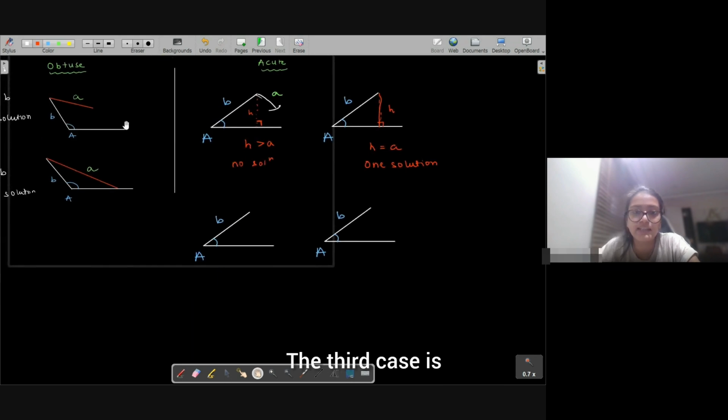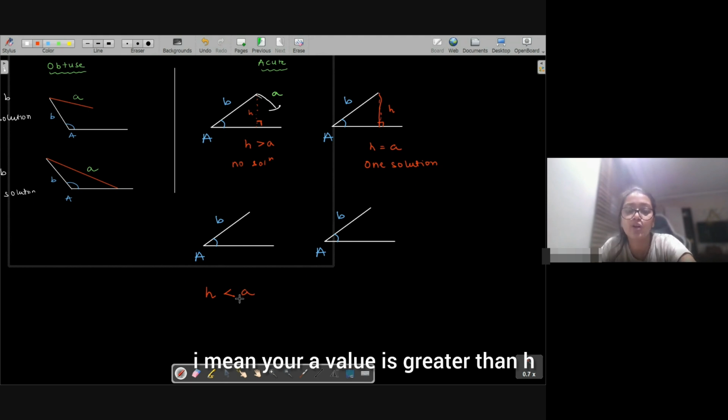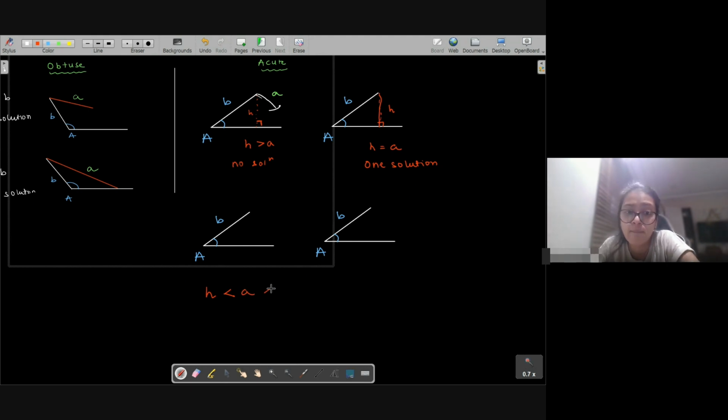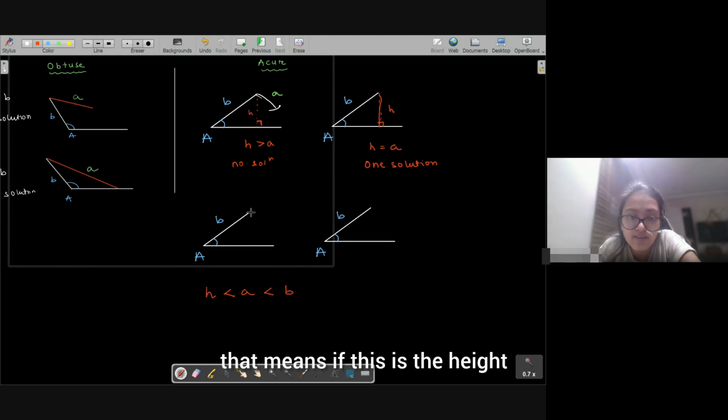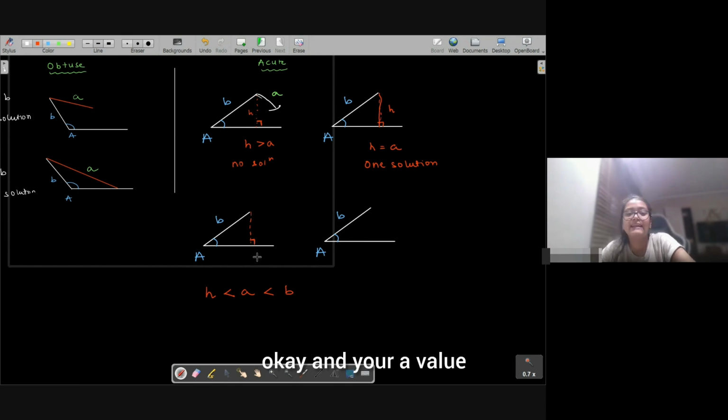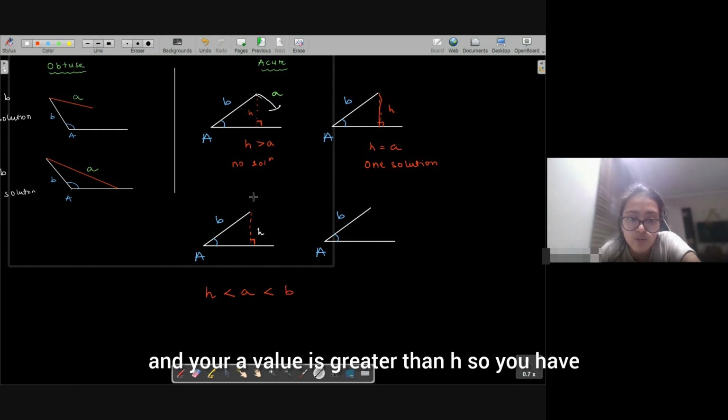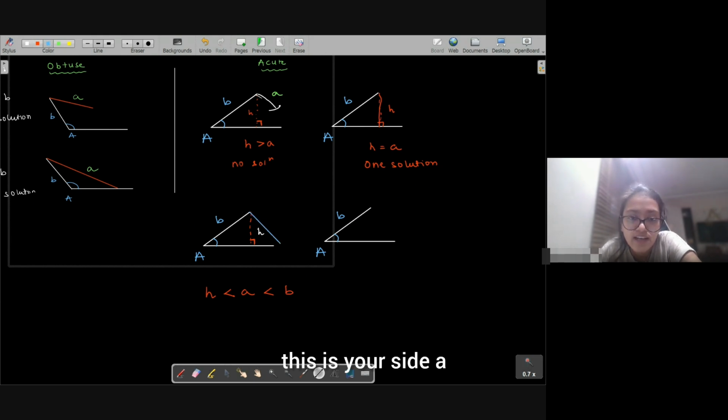The third case is when your height is less than A, I mean your A value is greater than h, but it is less than B. So that means if this is the height, and your A value, so this is h, and your A value is greater than h, so this is your side A, or it can look like this as well.